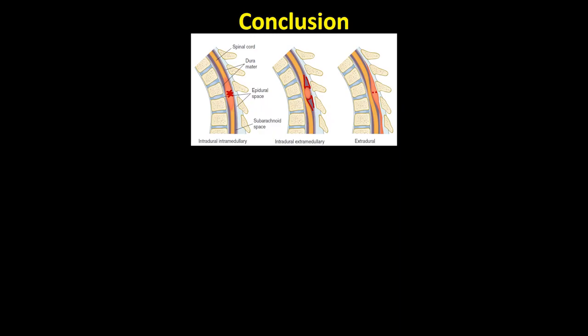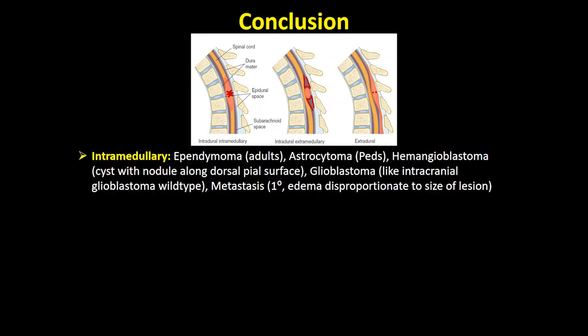So to conclude, the first step when you see a tumor within the spinal canal: compartmentalize it. And once you compartmentalize it, then depending on the age of the patient and the morphological features of that particular lesion, you can further go into the differential diagnosis depending on the compartment.